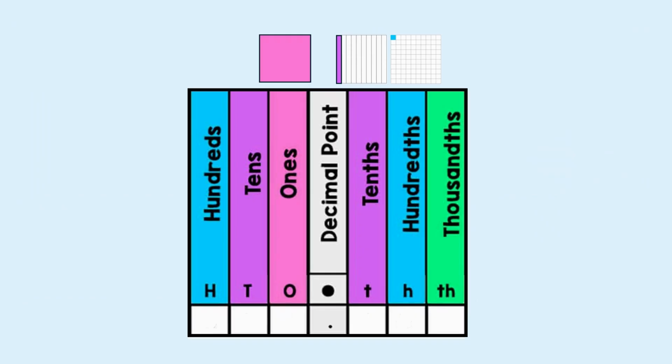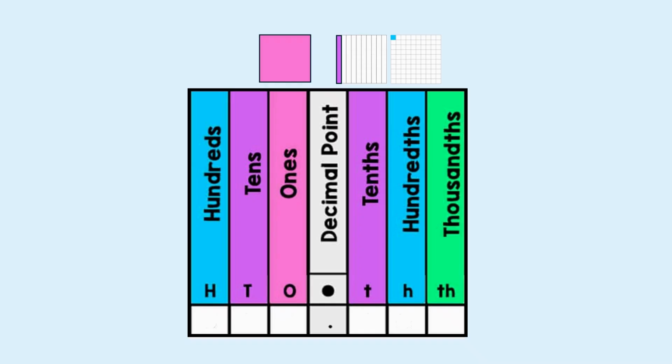And then finally, this place value diagram helps us to connect and think about the different values within a number. As you can see, the ones, that's like the full shaded square or the full grid. The tenths, that's like 1 out of 10 parts of the grid, and then hundredths is 1 out of 100 parts of the grid. And then that could also help us to think about what thousandths would be.